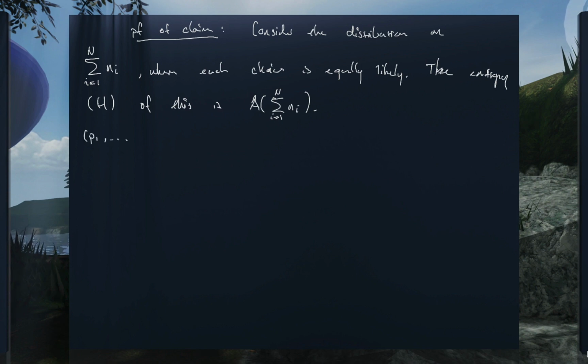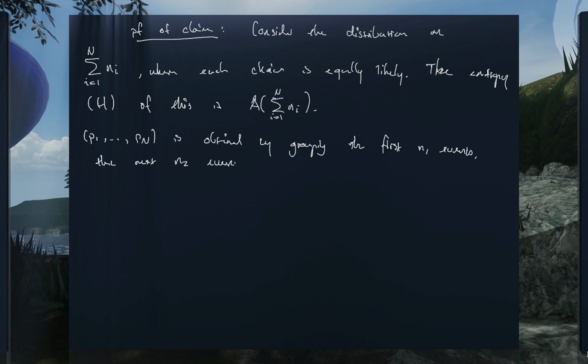So P1 through Pn is obtained by grouping the first n1 events, the next n2 events, and so on.